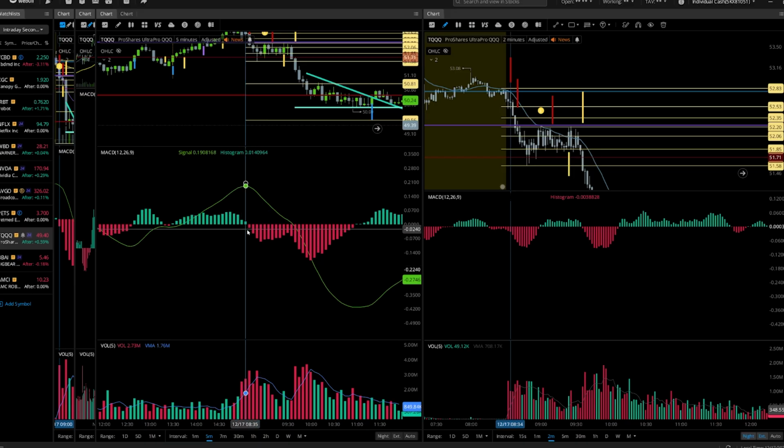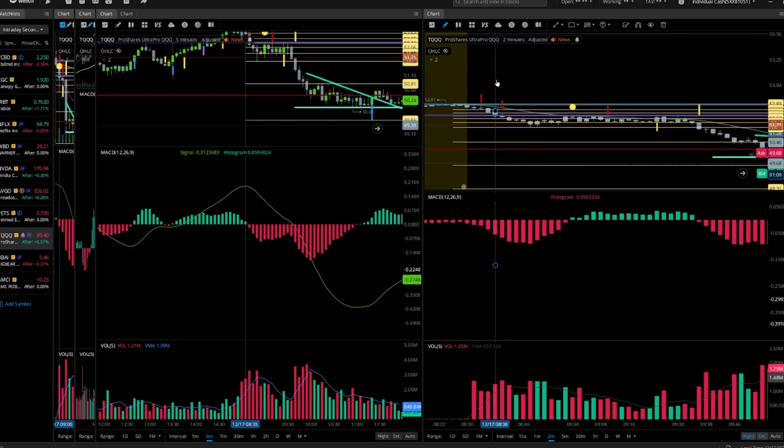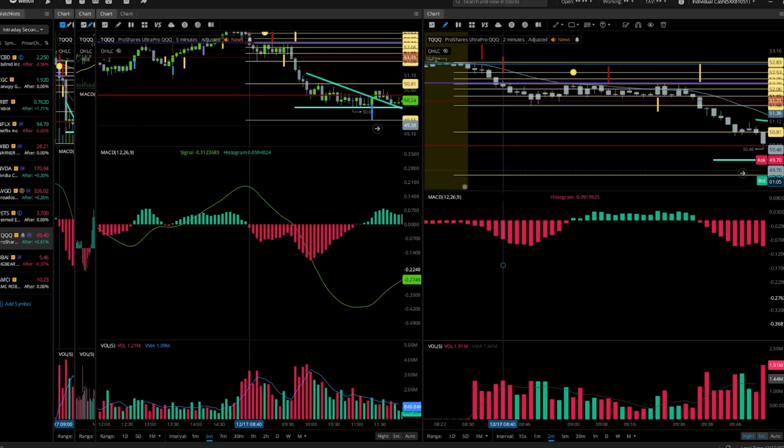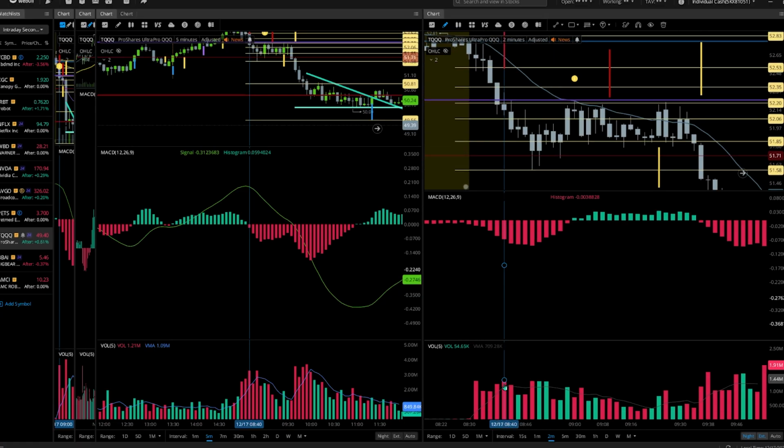We have downward momentum already primed. By the time we get a large selling candle, which is right here on this vertical red line, okay? We get an entry signal, which is this large volume bar on the right side of the 2-minute MACD.